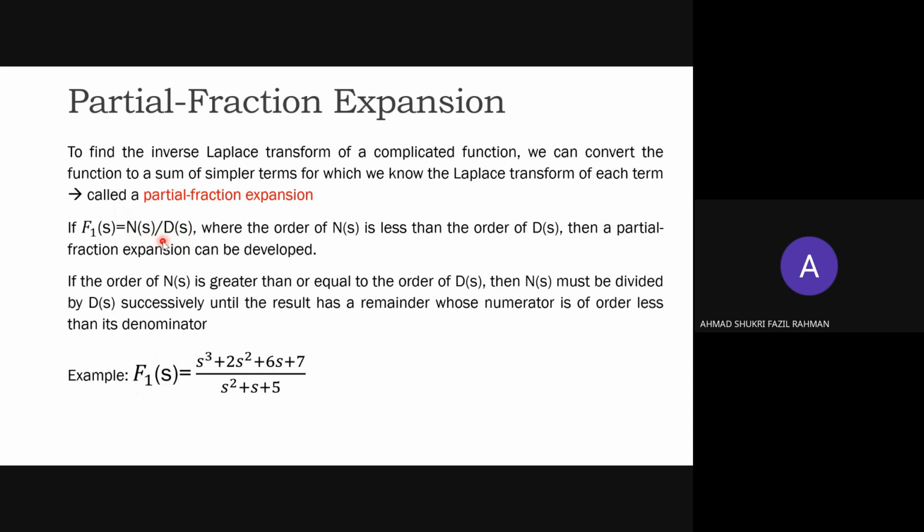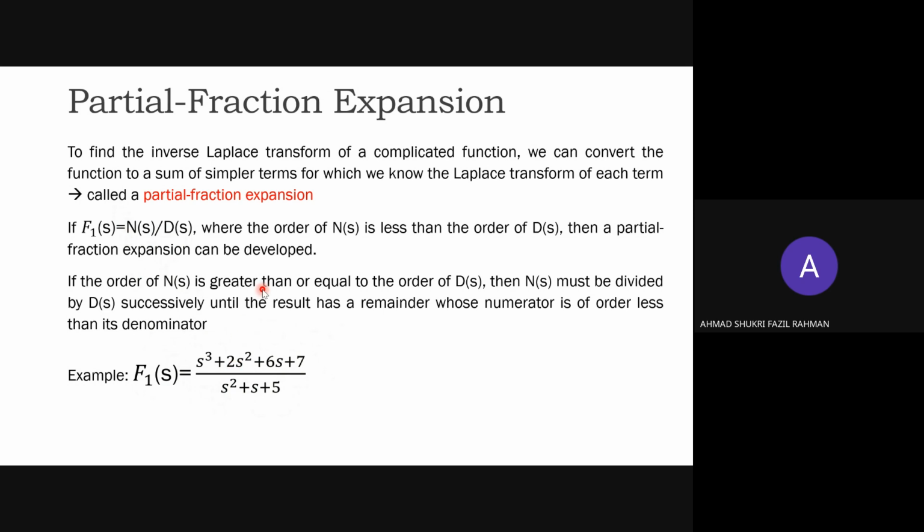Both must be in the form of Laplace. Like in this example, the numerator is on top and the denominator is at the bottom, both in the form of Laplace.